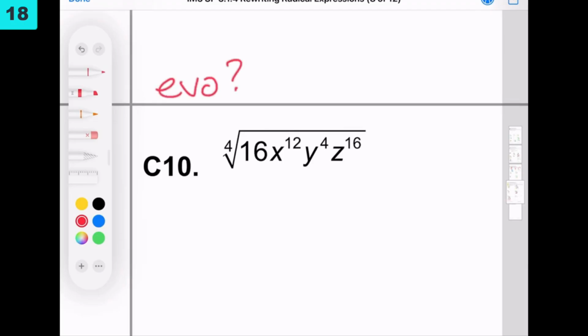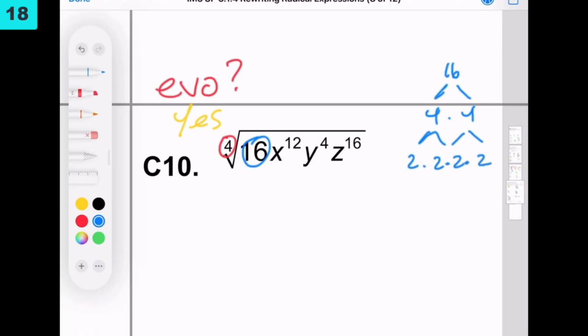Are we going to use EVO for this problem? Is that an even? Yes. Okay, so we just got to be mindful of it when we do it at the end, okay? So I have 16, which is going to become... Okay, now, I got to pay attention here. I need something multiplied by itself 4 times to equal 16. We need 4 times 4, and that would be 2 times 2 times 2 times 2. There are 4 of those numbers. Does that make sense?